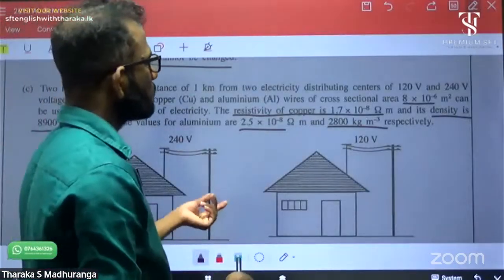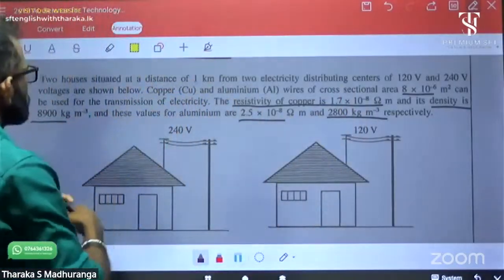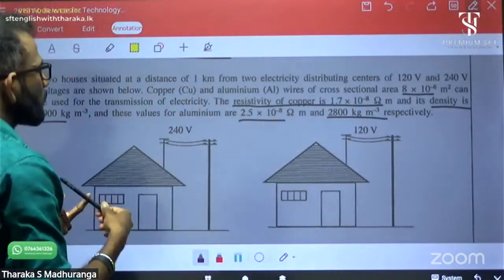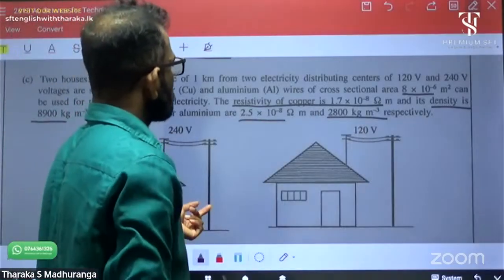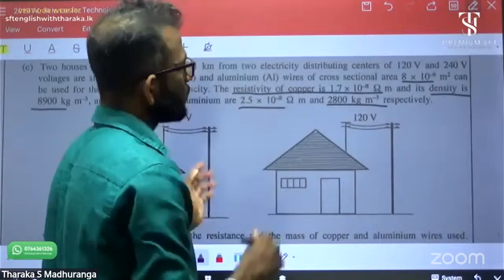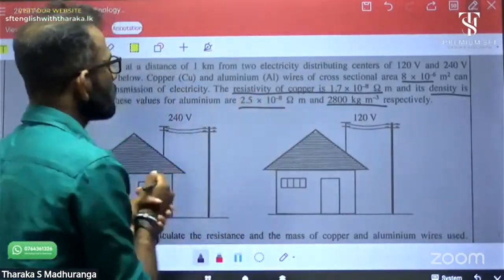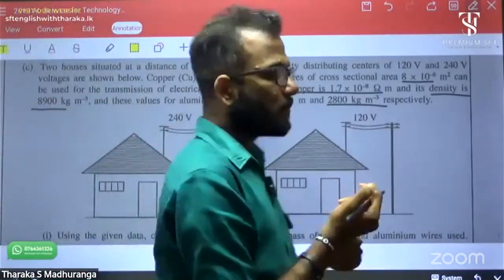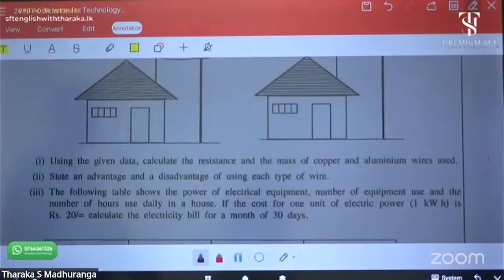Copper and aluminium wires of the same cross-section area can be used for transmission. All the data required for this calculation are given in the above part.